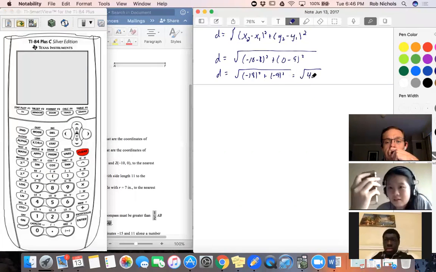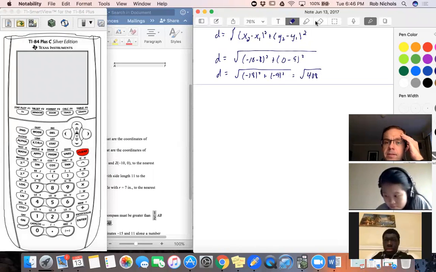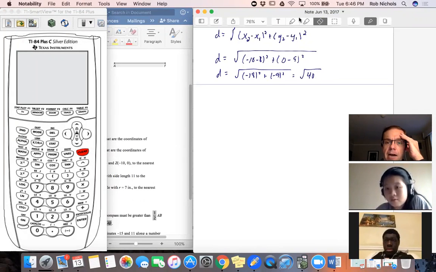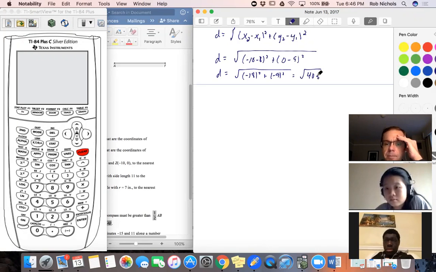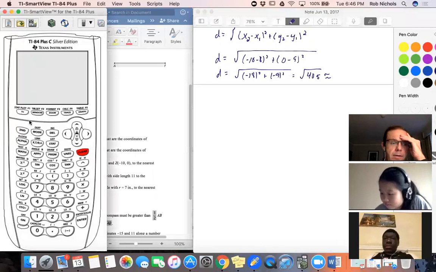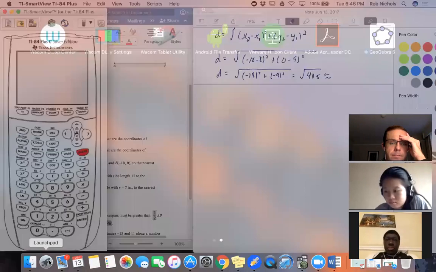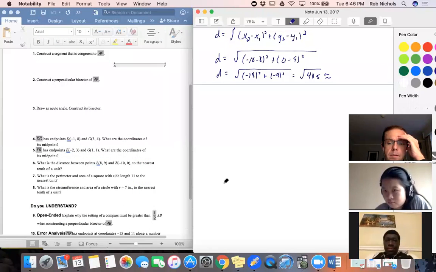Now if this were an algebra class, I would ask you to simplify the radical. But here we're just going to hit the square root of 405. For some reason, my calculator is not working. Mine doesn't have a square root.